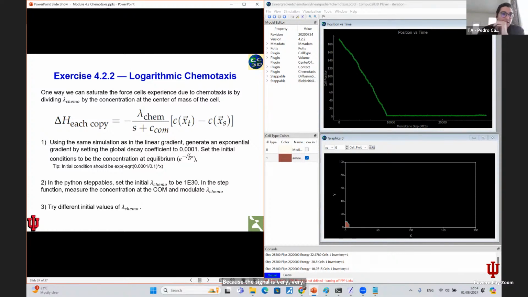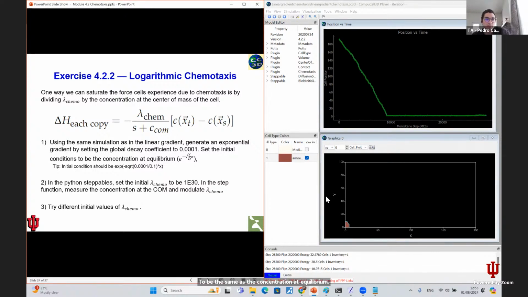So in this exercise, what you want to do is build an exponential gradient. And the exponential gradient, you build it by setting a global decay coefficient to your simulation of 0.0001, for example. And then you take advantage of this exponential gradient profile and already set the initial condition to be the same as the concentration at equilibrium, which is given by the exponential function.